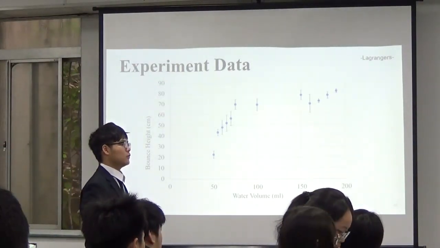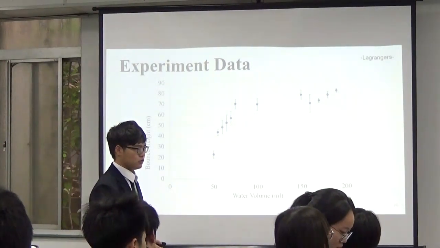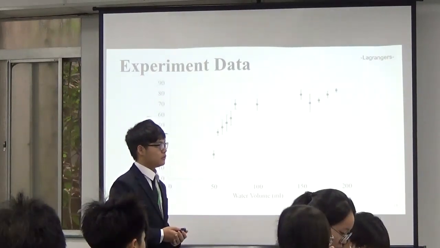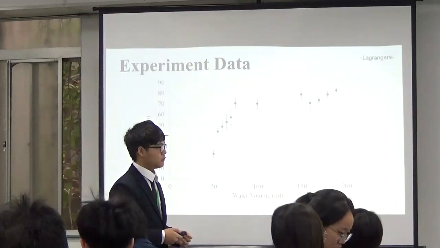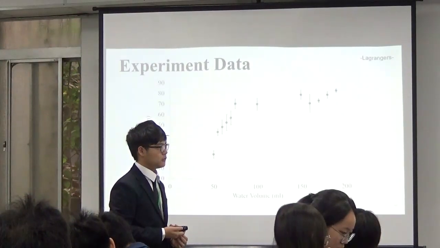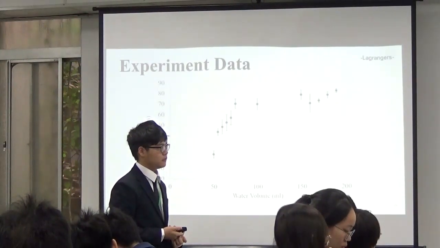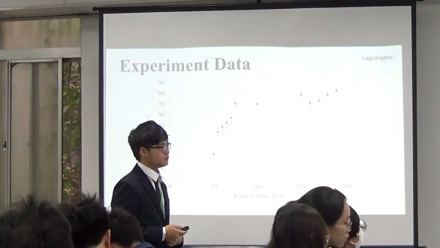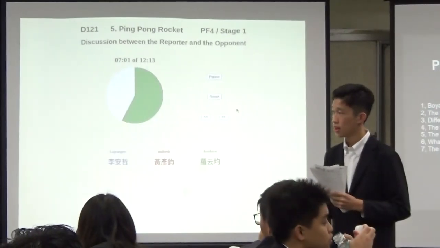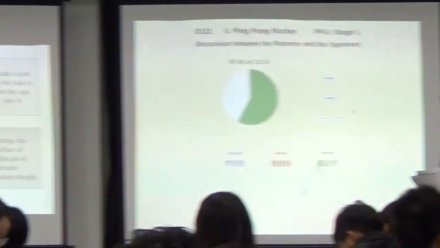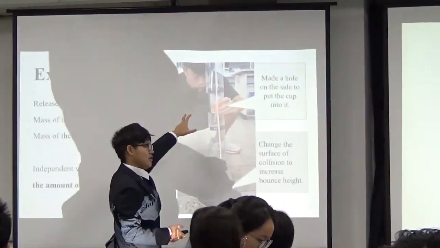Oh, so but as you increase the amount of water, you have to have a larger container, right? You don't really need a larger container, you just need a higher container.